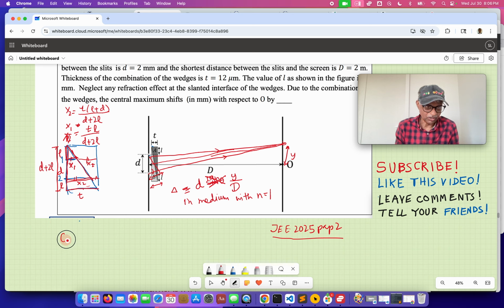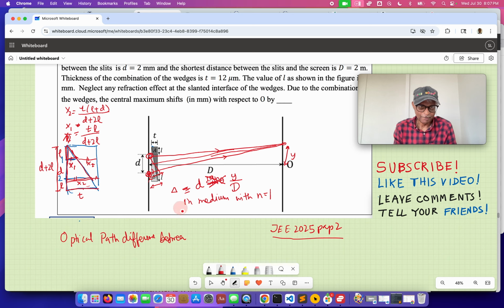So we want to know the optical path difference between things originating here and things originating here, between ray 1 and ray 2, or wave 1 and wave 2, whatever view you want to take.